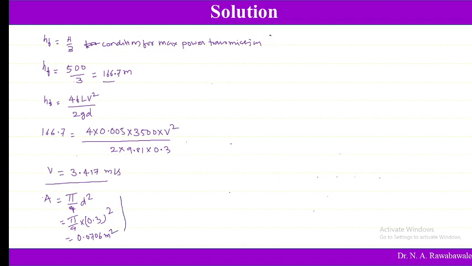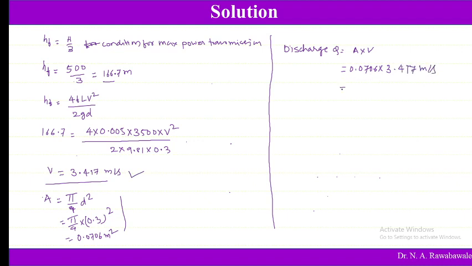So we know area. Now we can find out discharge. Q is equal to area into velocity. The area we have obtained is 0.0706 into velocity, which we have obtained now, 3.417 meters per second.